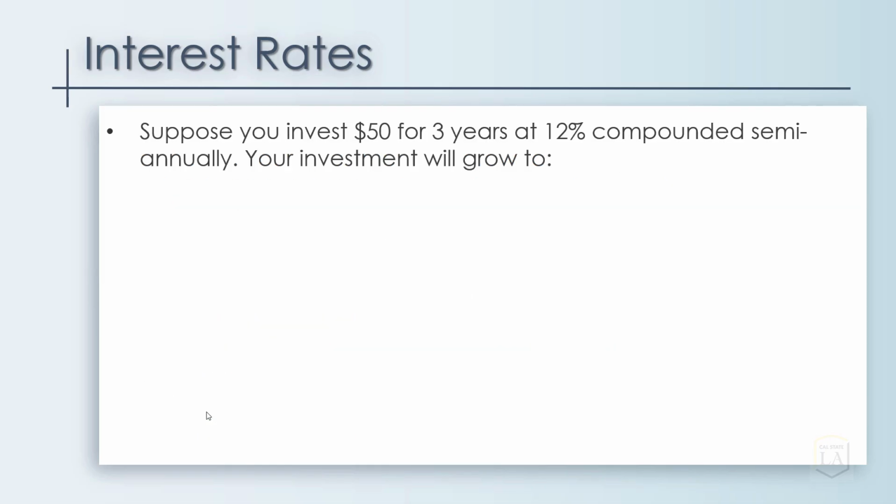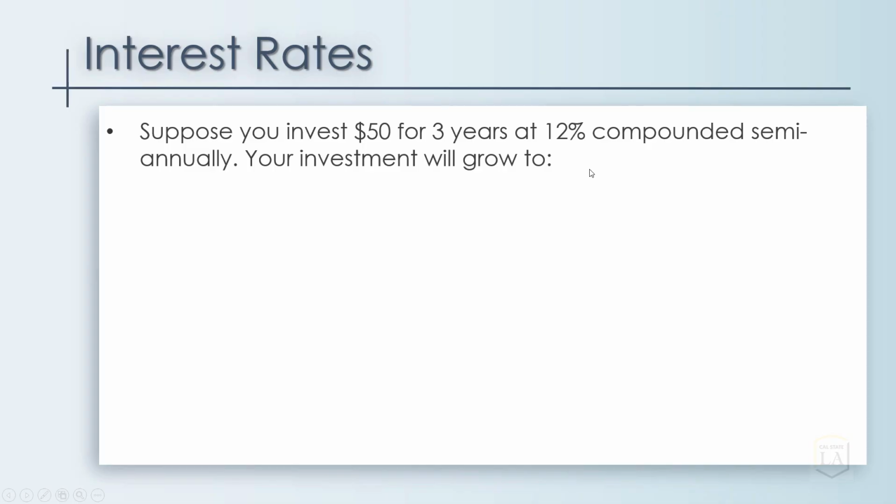Let's take a look at an example. Suppose you invest $50 for 3 years at 12% compounded semi-annually. The 12% here is the annual percentage return, which is APR. With APR compounded semi-annually, you're asked what the amount would be in 3 years.